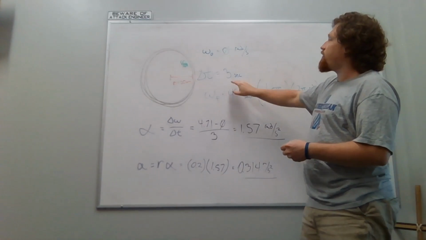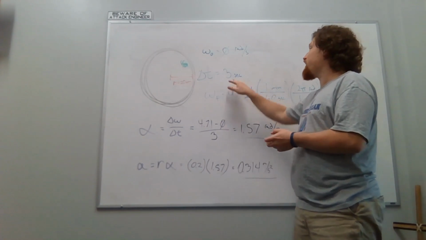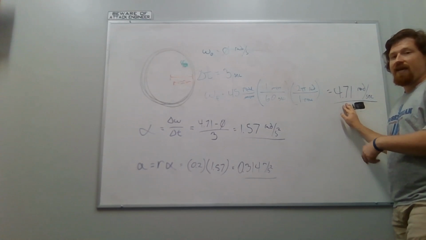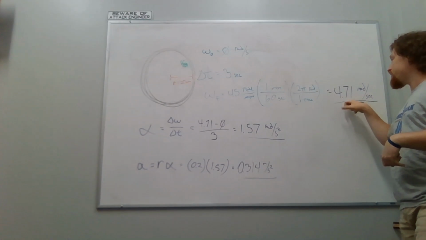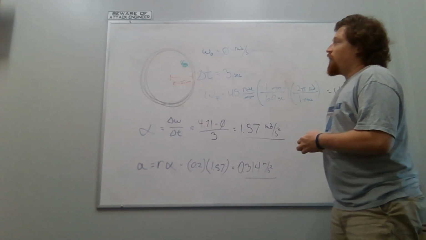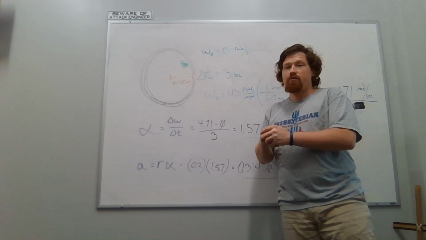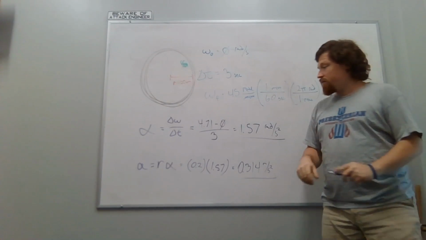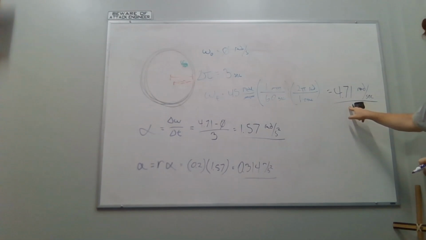It's going to reach that top speed at 3 seconds. So by the time we hit 5 seconds, we're already moving at this angular speed. So 5 seconds after the beginning, this is the grasshopper's angular speed. Now, we know it's at the 20 centimeter mark, so we can find the linear counterpart to this angular speed.